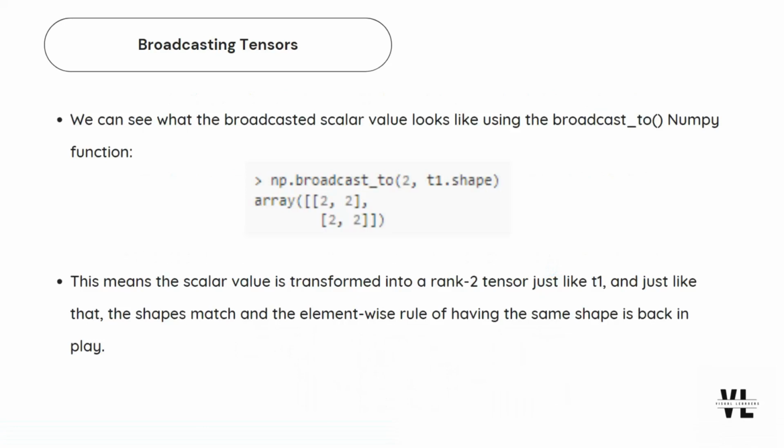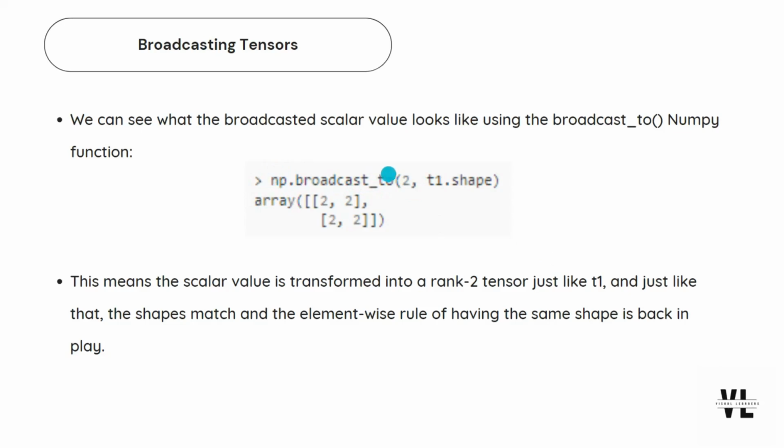We can see what the broadcasted scalar value looks like using the broadcast_to function from NumPy. When you perform element-wise operations in PyTorch, it usually does the broadcasting under the hood, and you don't know what is happening behind the scenes. But if you want to understand what it's doing, it's just using the broadcast_to method of NumPy to broadcast the scalar into the shape of the tensor.